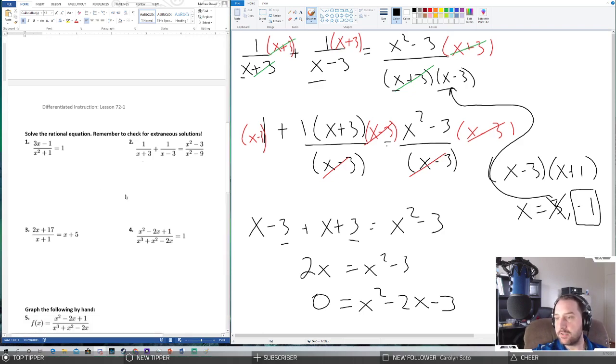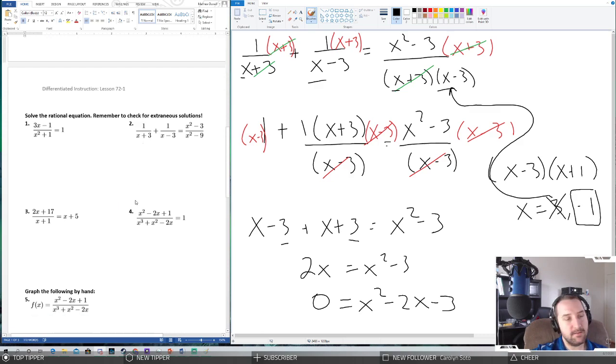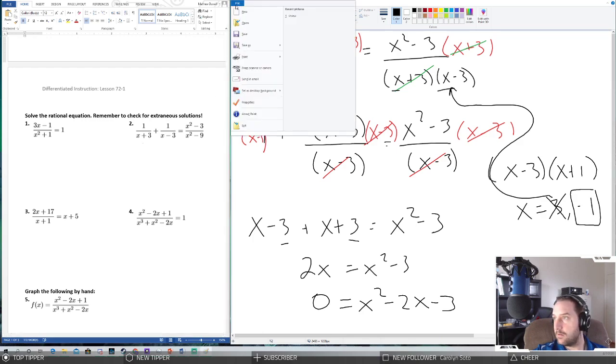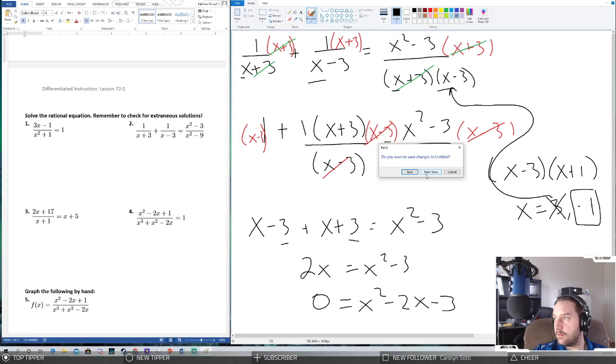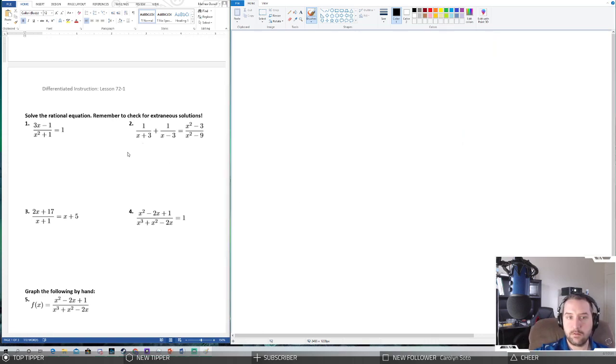Any other questions on this first section? So the idea, like I said, we're just eliminating the denominator and then solving. What I'll do is I'll just set them up. So on number 3, 2x plus 17 over x plus 1.